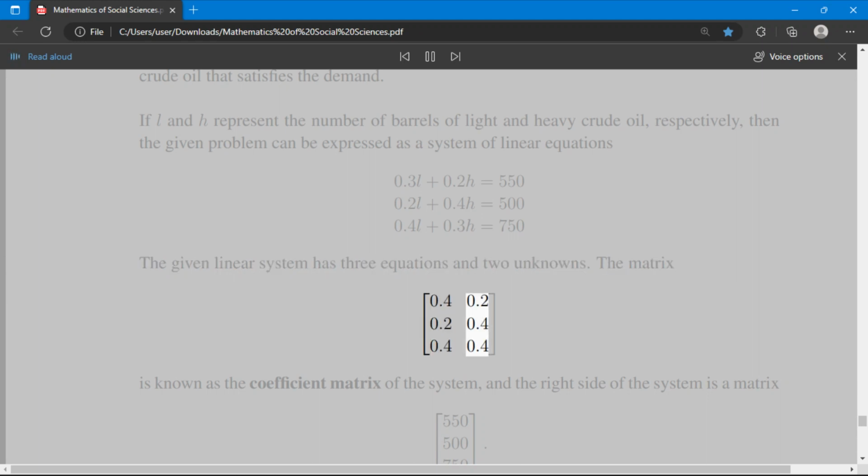The matrix with rows 0.3 0.2, 0.2 0.4, 0.4 0.3 is known as the coefficient matrix of the system, and the right side of the system is a matrix.